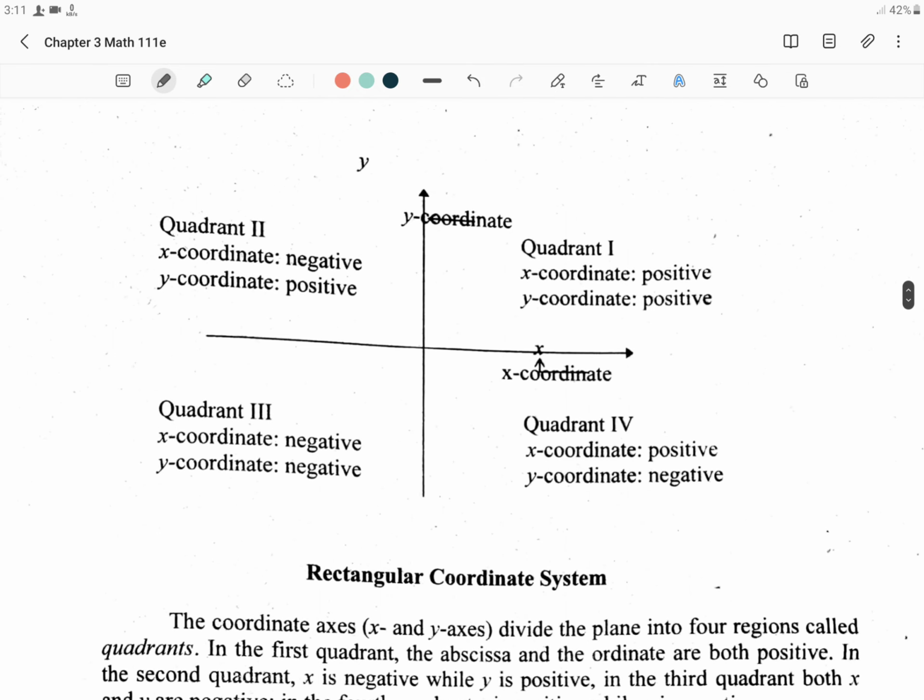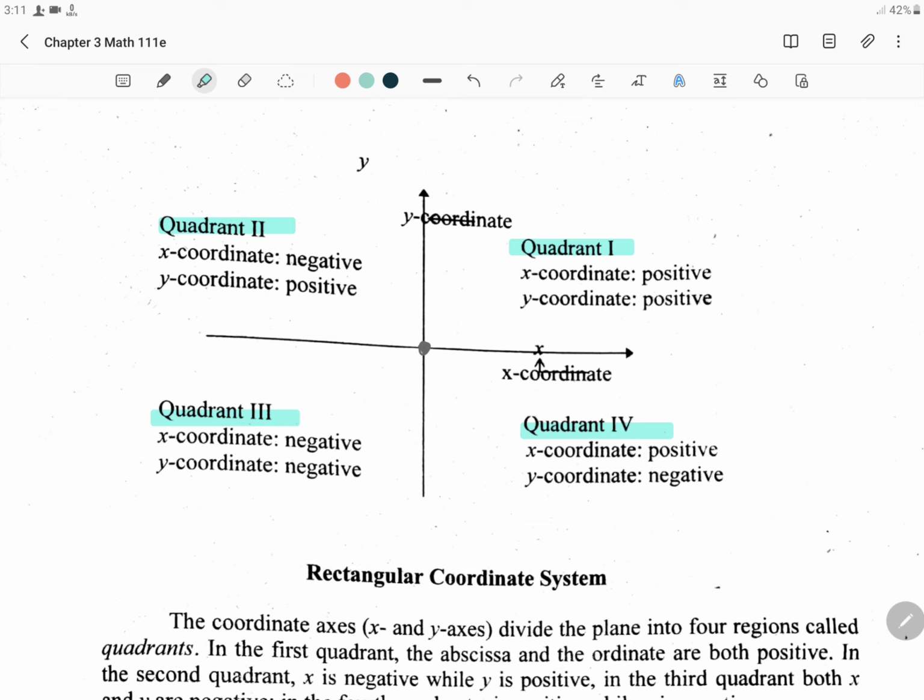Now, we are presented here with a rectangular coordinate plane or yung Cartesian plane natin, na kung saan it is equally divided into four parts. Sorry. Itong intersection natin dito sa gitna, that is what we call the center or the origin. So we have quadrant 1, quadrant 2, quadrant 3, quadrant 4.